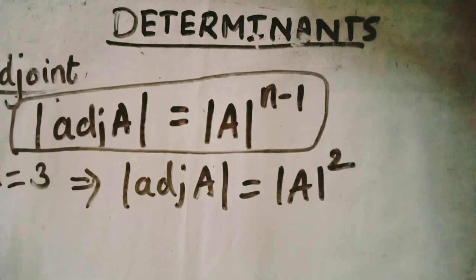Next is, a square matrix A is invertible if and only if A is a non-singular matrix. So we can find the inverse of a matrix if and only if that matrix is non-singular. From this theorem we have derived a formula to find A inverse.